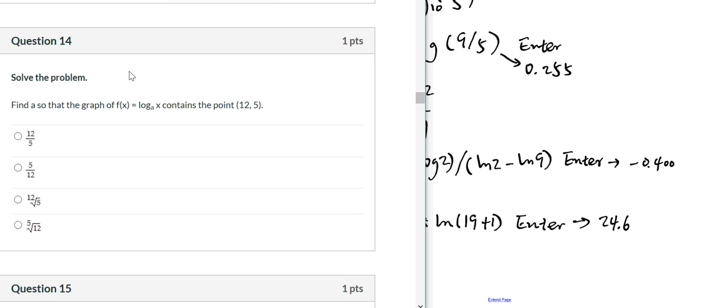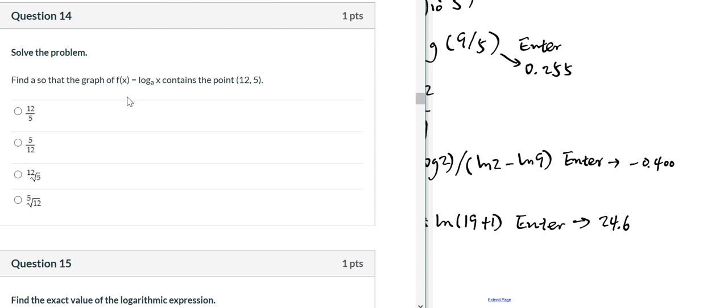This one is we want to find a so that the graph of f of x equals log base a of x contains this point.